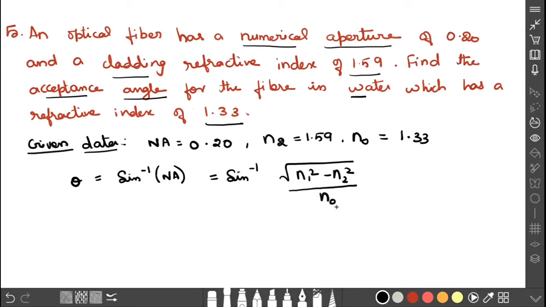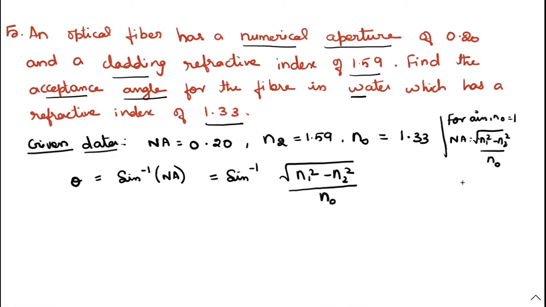So that point you have to remember. For air medium, NA is equal to root of N1 square minus N2 square, divided by N naught actually, but for air N naught is equal to 1. That is the reason we have taken this formula as root of N1 square minus N2 square for air medium. But when we come to the other medium, this N naught is to be included.